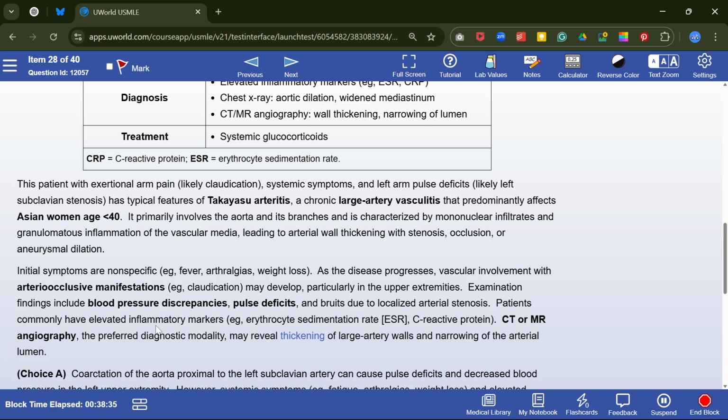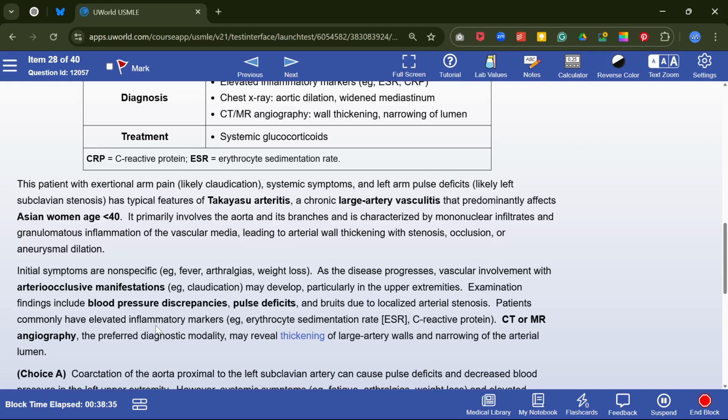It primarily involves the aorta and its branches and is characterized by mononuclear infiltrates and granulomatous inflammation of the vascular media, leading to arterial wall thickening with stenosis, occlusion, or aneurysmal dilatation.